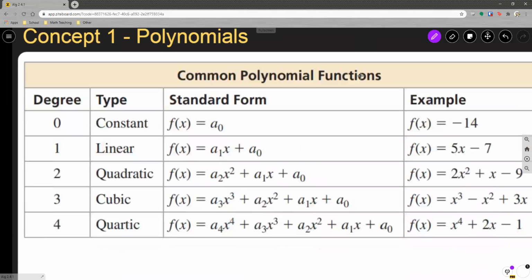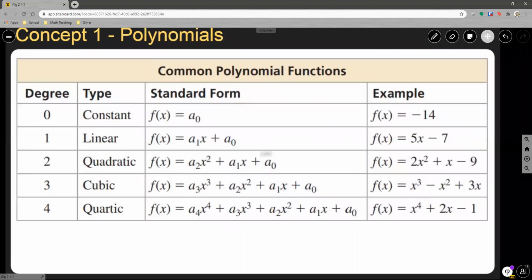Okay. So last concept, we just have some names for polynomials. Some of these you've seen also, but we're going to review them very quickly. So if I'm at degree 0 for a polynomial, that means I have no variables being raised to powers. And we have what we call just a constant function. So in this situation, for instance, I've got f of x equals -14 as my function.